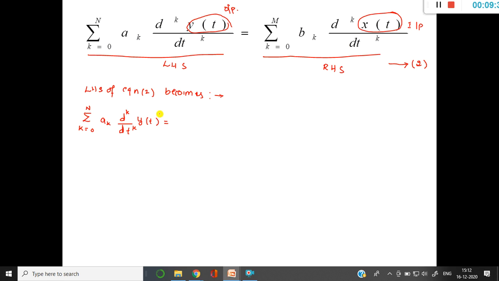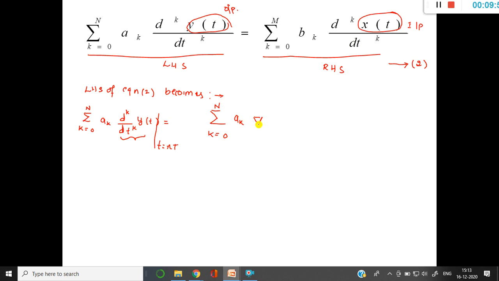Where we sample t at nT, this can be represented again as a summation. I'll keep that summation. The difference equation will also run with k equal to 0 to N, and the coefficients remain the same, no change, but only d by dt is going to be changed.